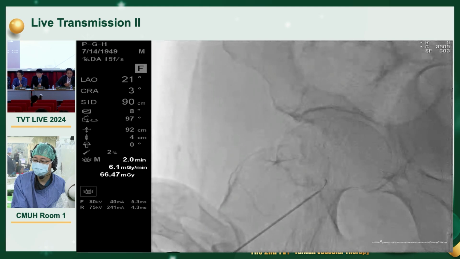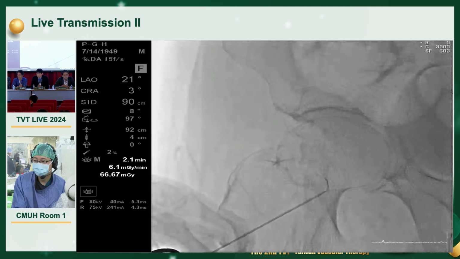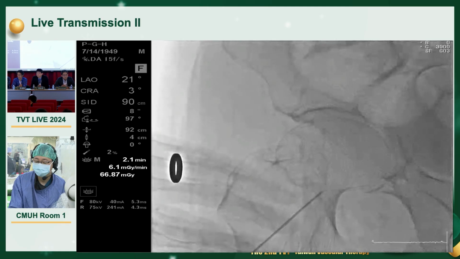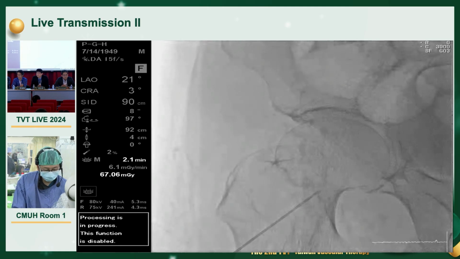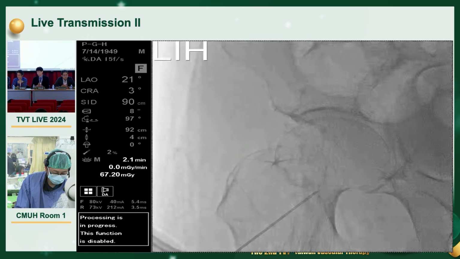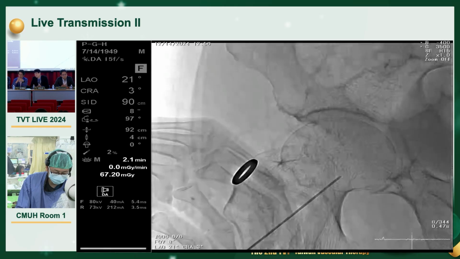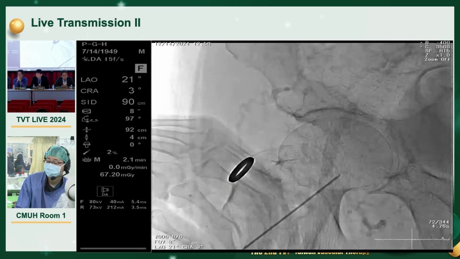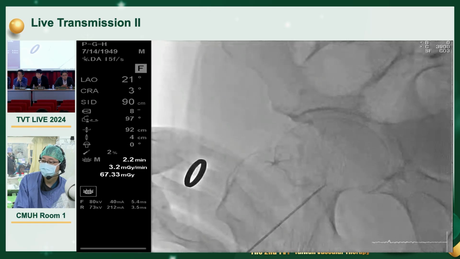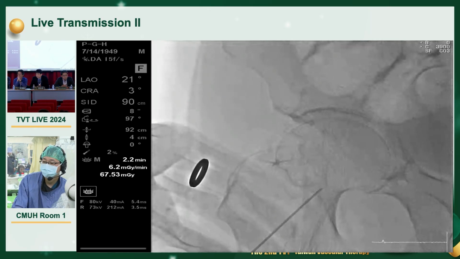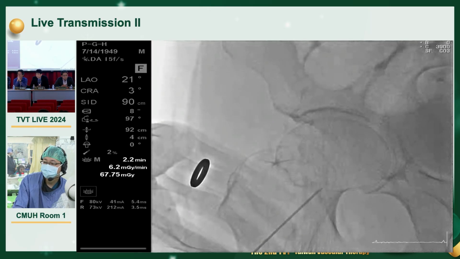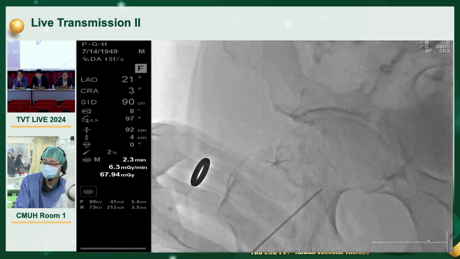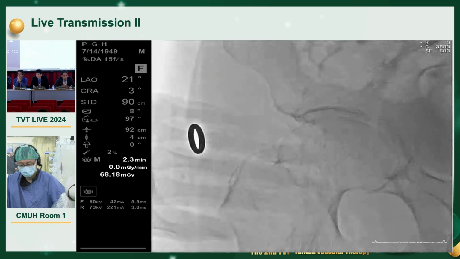I punctured another. It's okay. So blood is coming, so maybe the puncture site is not so good. So I will puncture again the upper side. Okay, upper side. Once again, please.